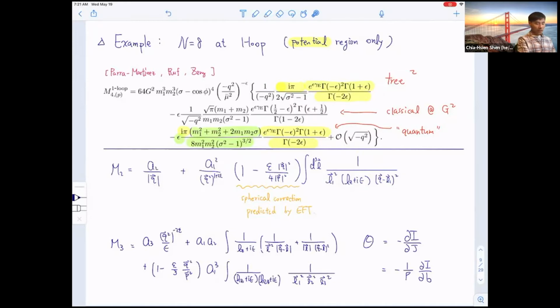So the implication is that even though this looks quantum, once you map properly to the EFT, there's no quantum potential in this 1-loop amplitude, as it should be, because the quantum part is coming from this bubble integral, but in the potential region it is set to 0.